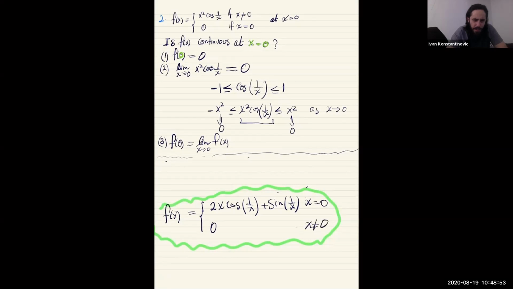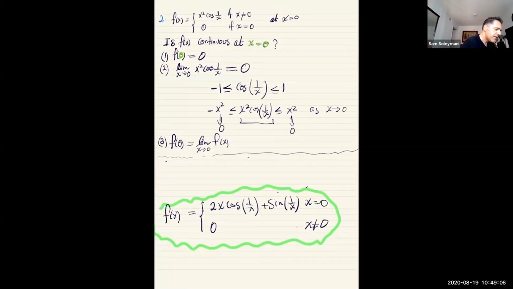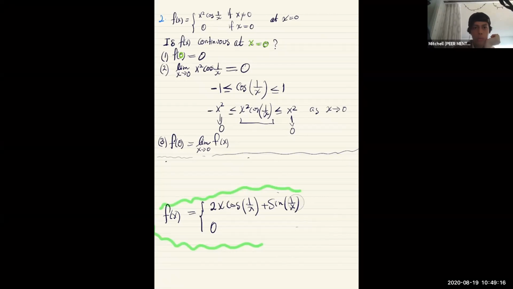I got minus sine 1 over x, but I could be wrong. Minus, the derivative of cosine is sine, right? It's actually negative sine. Let me fix that. Professor, give me 1 second. I believe your derivative was right.